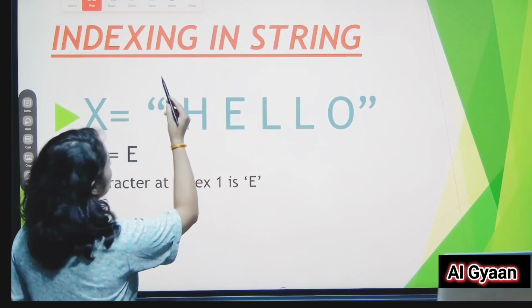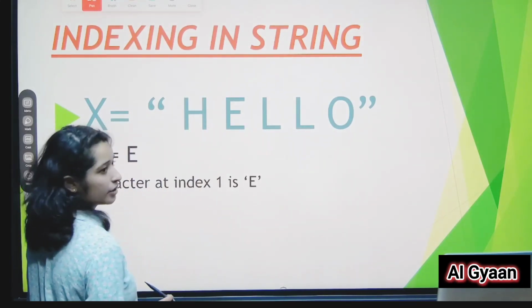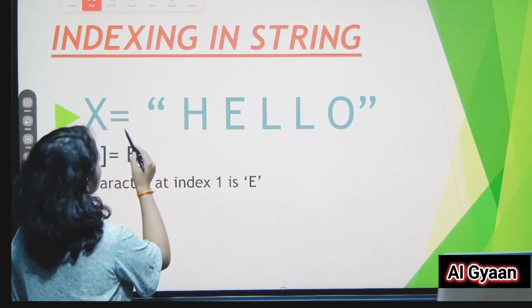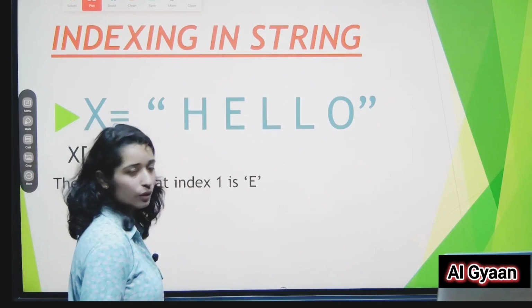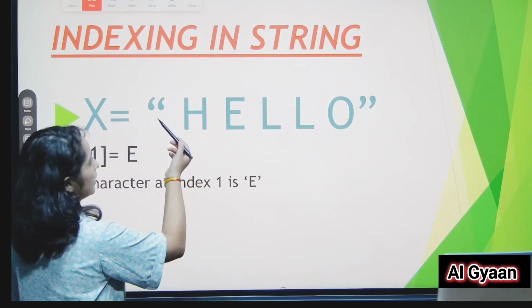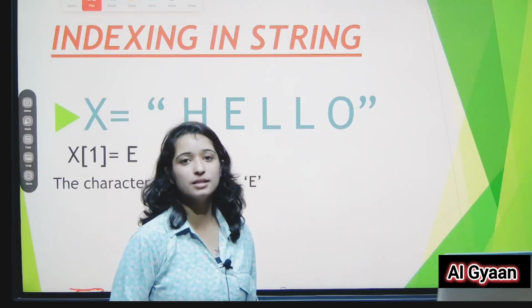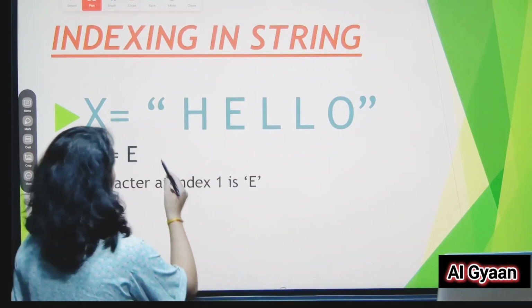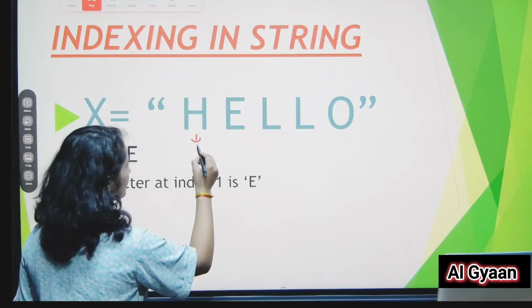Now we will talk about indexing in string, how indexing works in string. So x is my variable and the value assigned to x is hello, and as we can see, I have written hello in double quotes. So the data type of x is string, and as I told you, indexing always starts from 0.